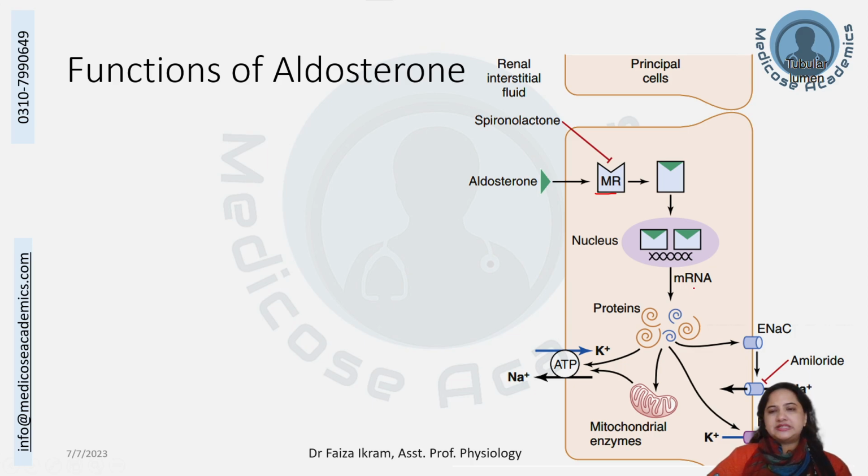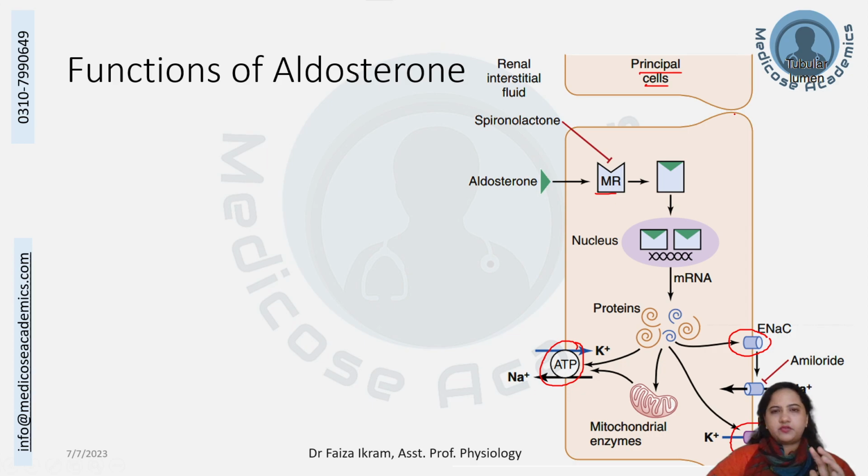Specifically, you can see 3 channel proteins. Genetic translation is increased by the aldosterone. Epithelial sodium channels, sodium potassium ATPase, and these potassium channels, ROMK channels, and all this is occurring in the principal cells of collecting tubules.